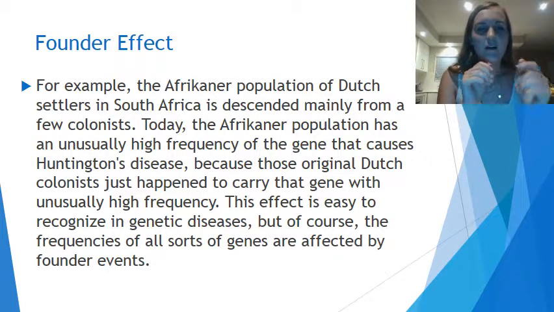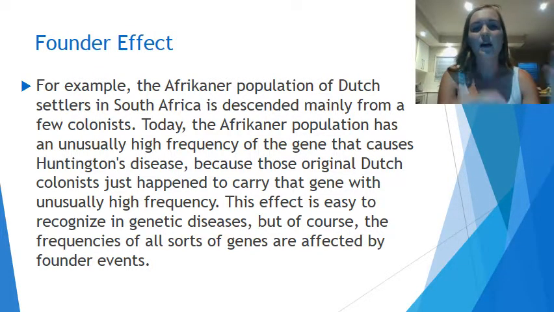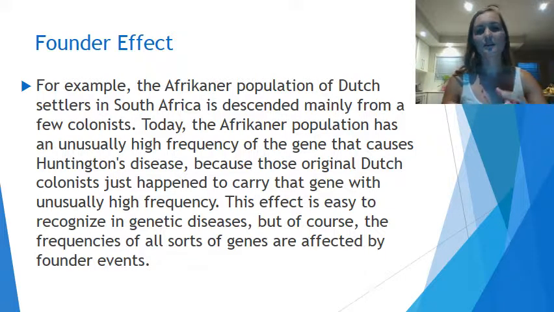Okay, all right, so here's an example of the founder effect. Now, I actually find this quite interesting. So in South Africa, we have the Afrikaner population. Now, part of this population was made up of Dutch settlers. Because these Dutch settlers came to South Africa, and there was a small population of them, a small few colonists that colonized South Africa, we've had this founder effect occur, and this is because in this Dutch population there was a higher frequency of the gene for Huntington's disease.